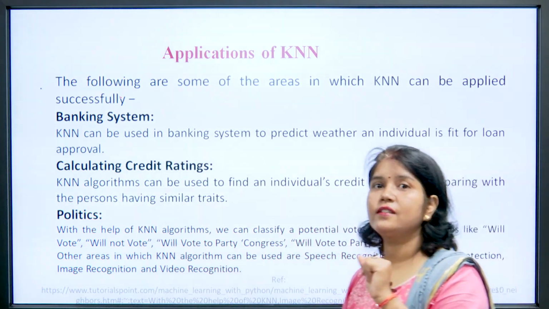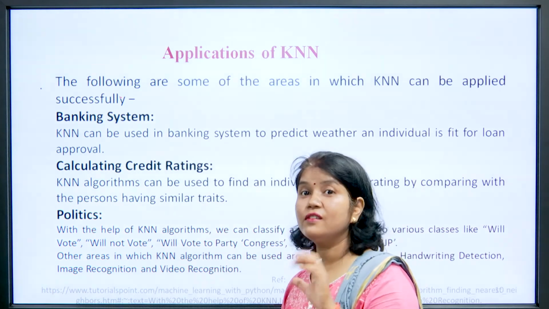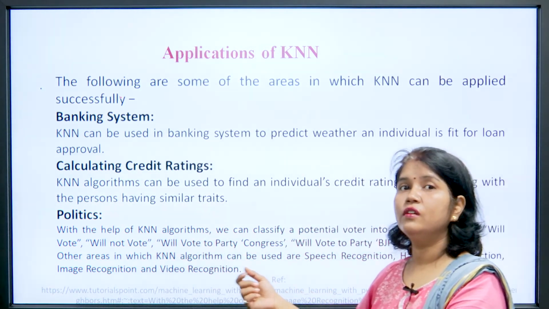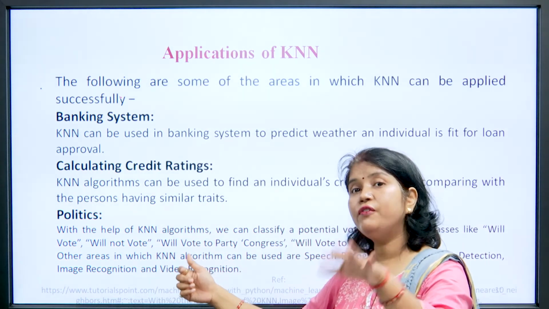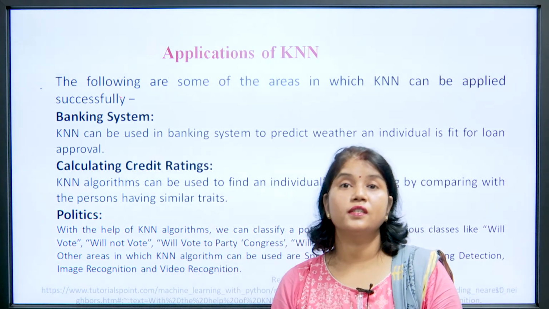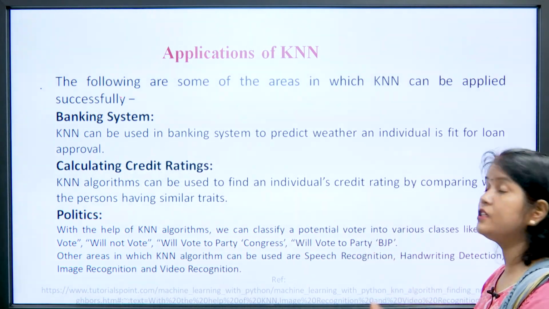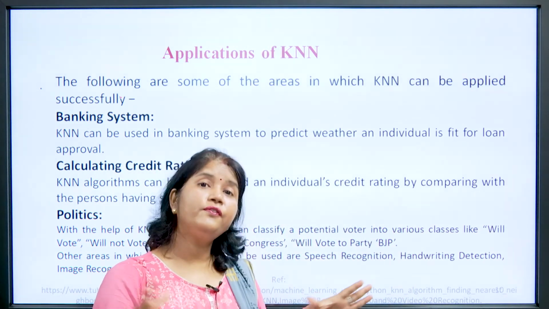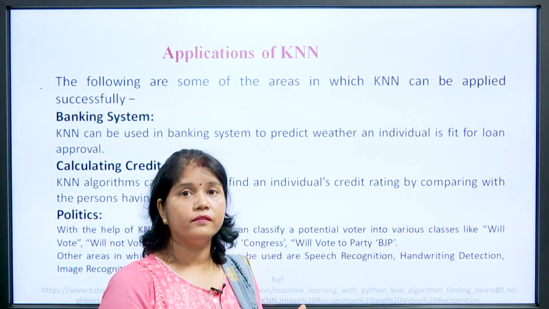In politics, this is also very important. Whether a person can vote or not, will vote or will not vote, and if they will vote, which party would it be? Maybe it is Congress, maybe AAP, maybe BJP, maybe Samajwadi Party, every party varies, right.